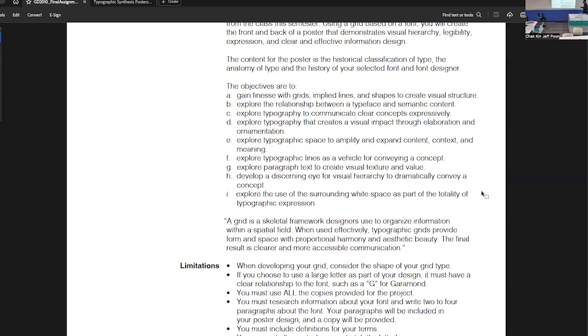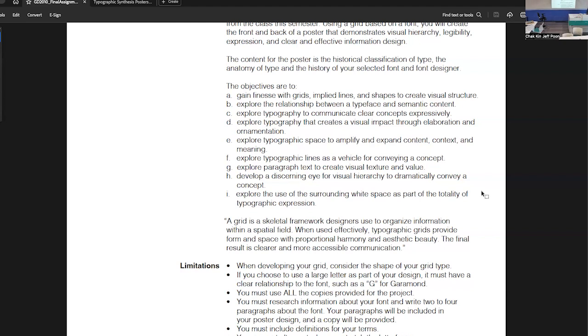B, explore the relationship between the typeface and semantic content. Typefaces have their own personality. A typeface has its own characteristics. So those things may have some kind of semantic content with it. Okay, C, explore typography to communicate a clear concept expressively.